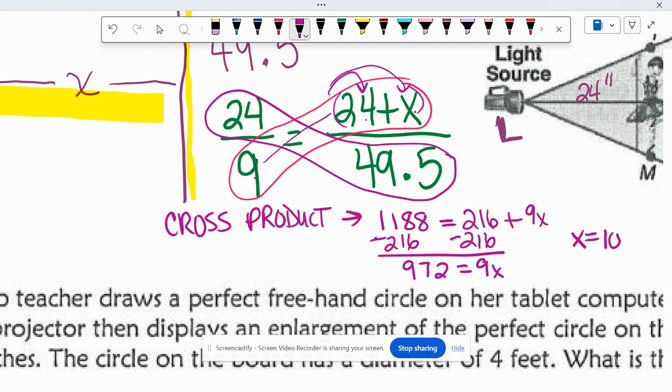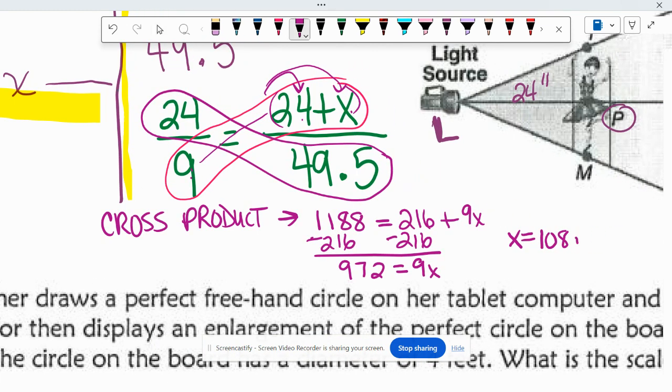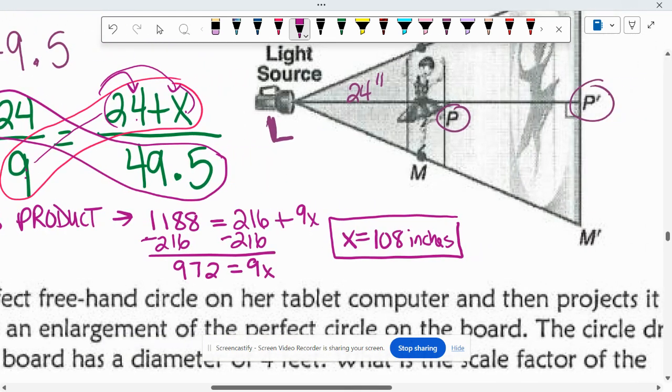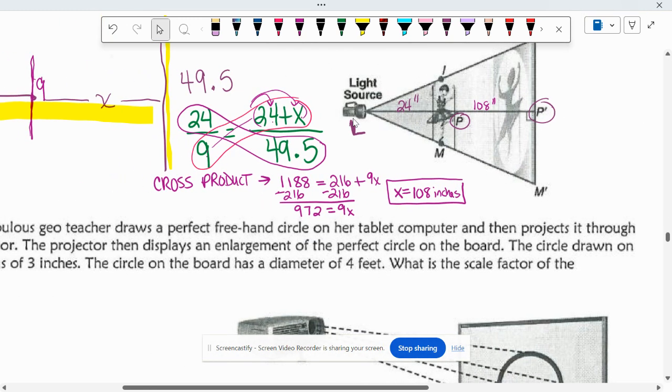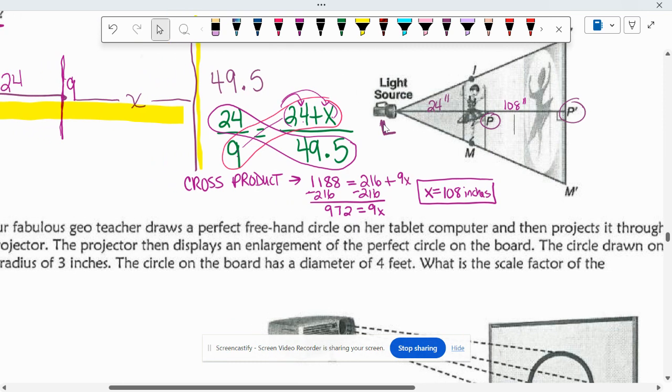Should be 108. And don't forget your unit, inches. So we just calculated this measurement right here. That's a scale factor kind of using similarity and proportions.